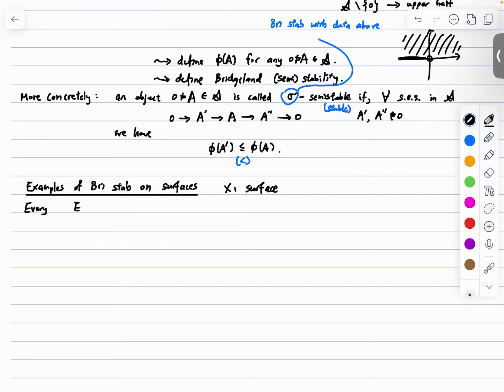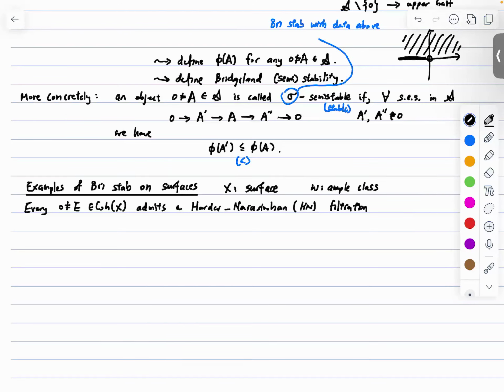So every time you have a non-zero coherent sheaf on a smooth projective variety, and if you fix an ample class omega on your variety, what you get is a filtration of this coherent sheaf. So we get a Harder-Narasimhan or HN filtration.